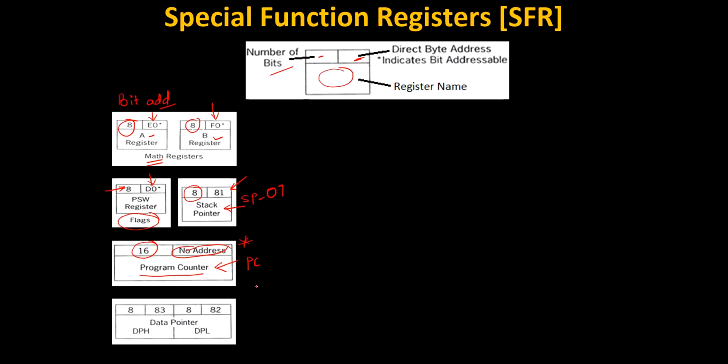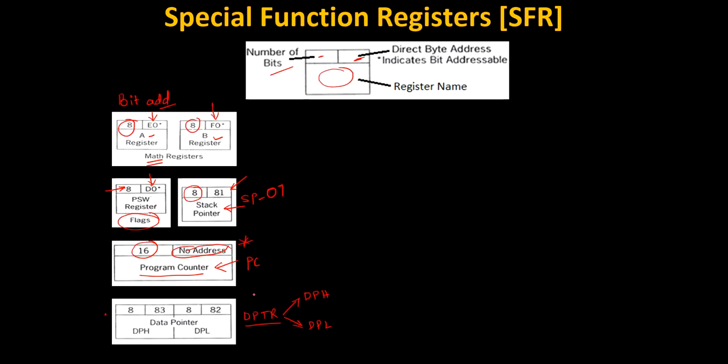Next we have the DPTR. It is a 16-bit register. It is split into higher order and lower order, that is DPH and DPL. We also call it the data pointer. This register is used to access the external memory.